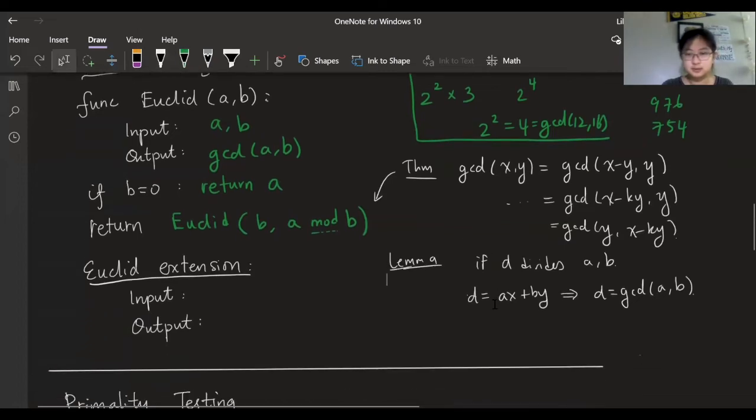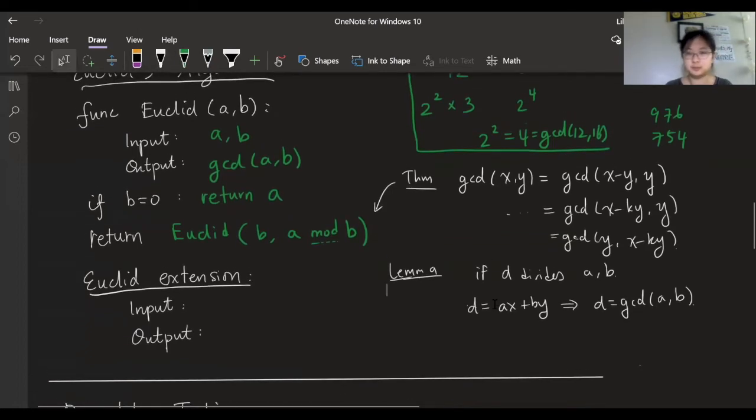And this is not obvious to me when I was learning this. For example, in particular, if I have that A and B are co-prime, then necessarily I have some linear combination AX plus BY that makes 1.